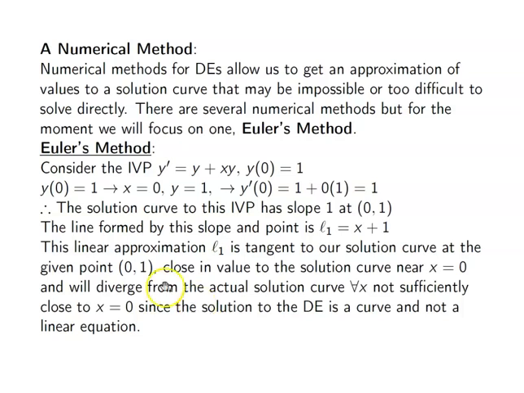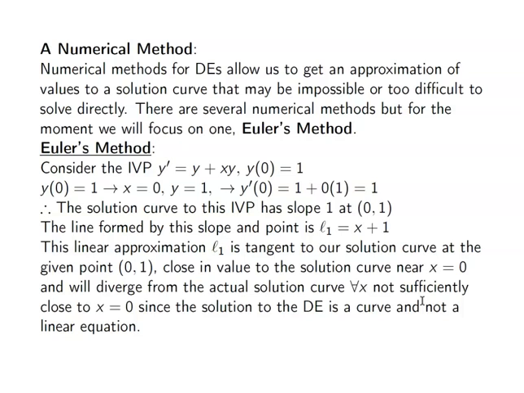It's going to diverge from the actual solution curve for every x that is not sufficiently close to x equals 0. Since the solution to my DE is a curve and not a linear equation, I have a line that touches it, so that curve will most likely bend away from the line.